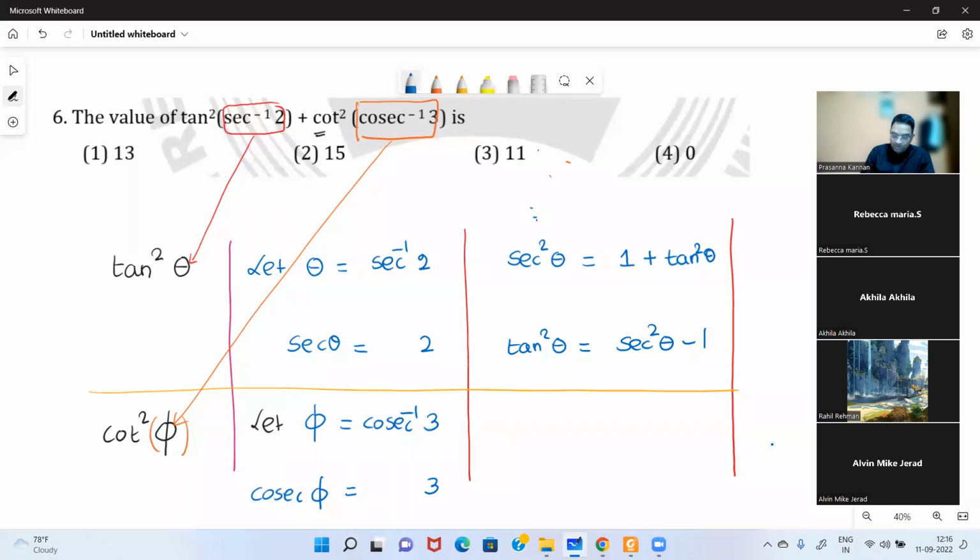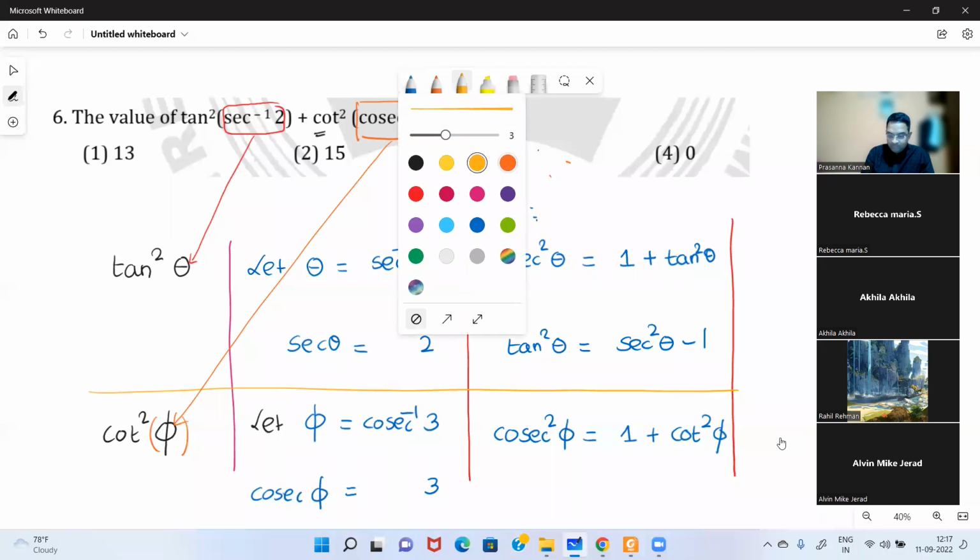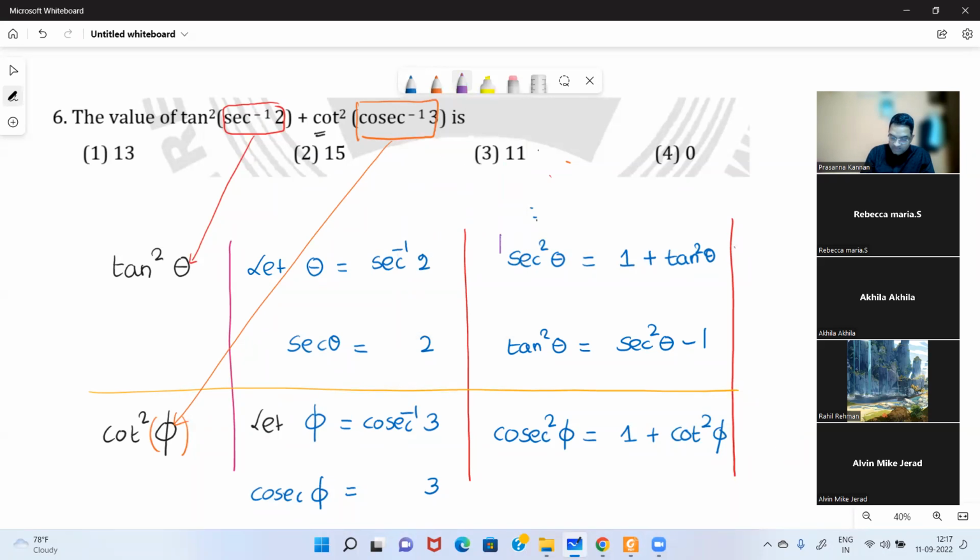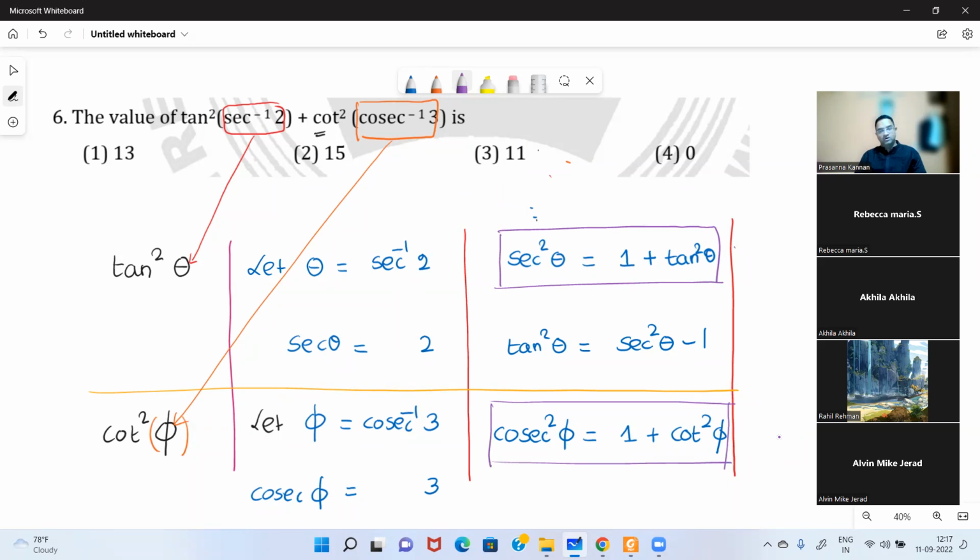What is the formula involving cosecant square phi? Cosecant square phi is equal to 1 plus cot square phi. Just like how we have secant square theta is equal to 1 plus tan square theta, similarly we have cosecant square phi is equal to 1 plus cot square phi.